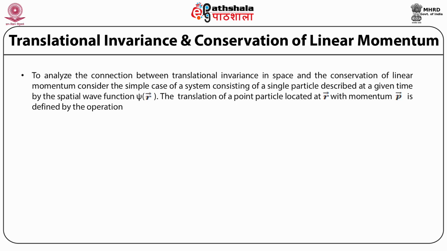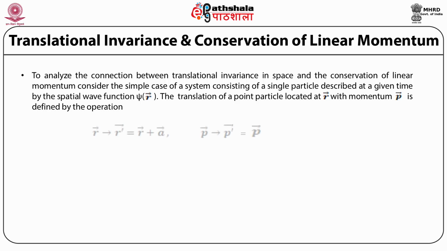So in order to analyze the connection between translational invariance in space and the conservation of linear momentum, we can start by considering a system that consists of a single particle described at a given time by the spatial wave function psi as a function of position vector r. The translation of a point particle located at the position vector r with momentum vector p is defined by the following two equations.